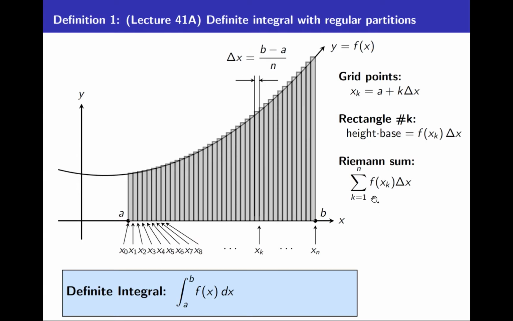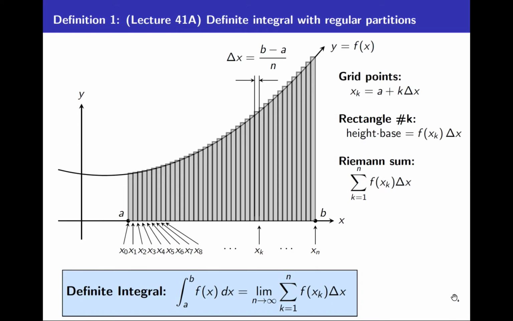And as that happens, this Riemann sum still represents the sum of those many, many different rectangles, or the sum of base times height for them. The delta x gets smaller and smaller the bigger n gets, but you've got more and more terms in the sum. And the limit as n approaches infinity of that Riemann sum is what we define the definite integral from a to b of f of x dx to equal.